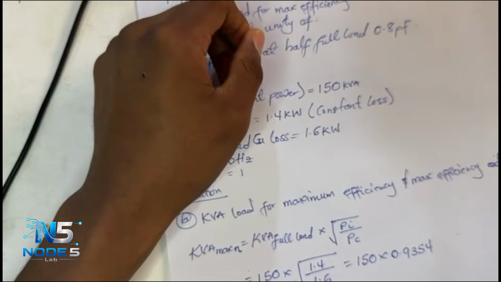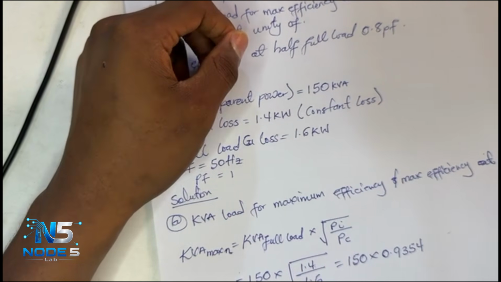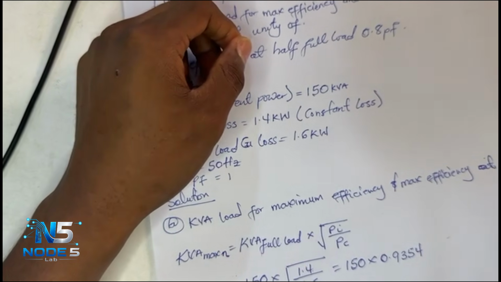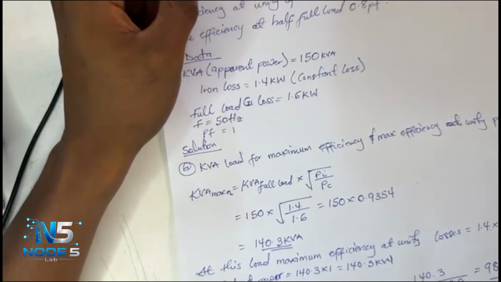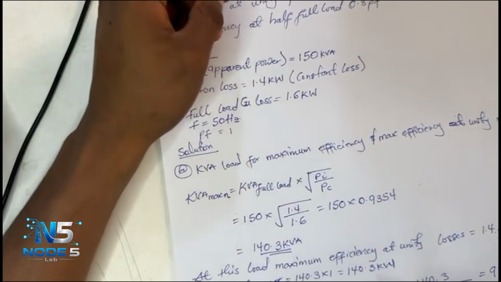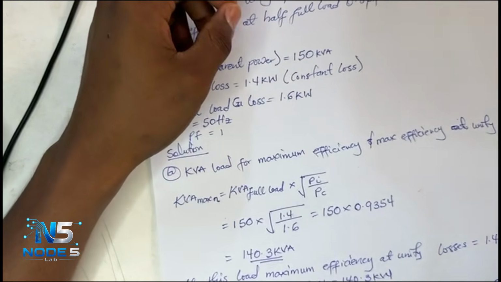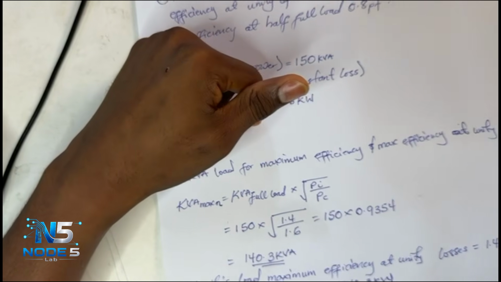So now let's calculate the maximum efficiency. The maximum efficiency is equal to the output power over the output power plus the losses. So that is 140.3 divided by 140.3 plus 2.8.